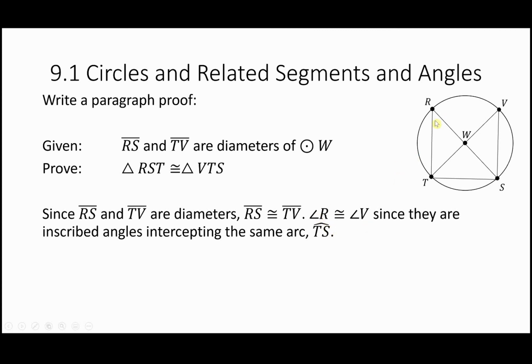So I'm talking about this angle and this angle here. They're congruent to each other because they are inscribed angles that intercept the same arc, TS. And inscribed angles that intercept the same arc, as we just saw in a recently presented theorem, are indeed congruent to each other. Okay, so far among these two triangles, I have 2 lines, 2 angles.